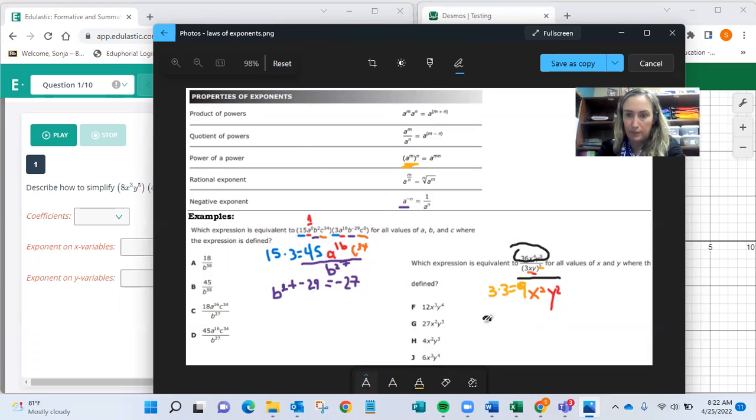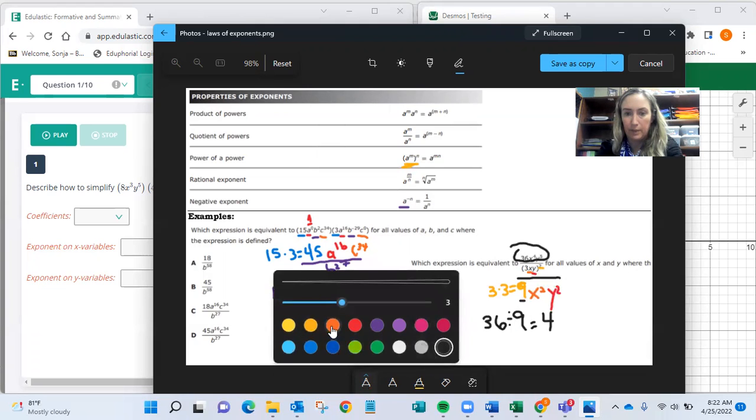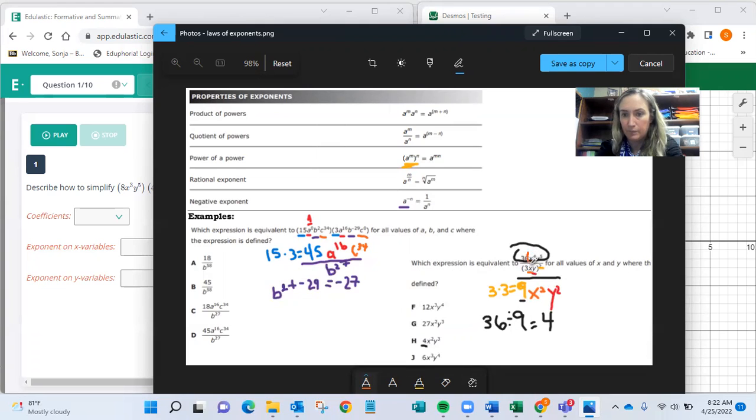So first I would do my 36 divided by 9. So I'm going to treat it like normal. So there's my coefficient, 36 divided by 9, which is 4. So right away, actually, I find my correct answer because there's a coefficient of 4. Then I'm going to subtract my x's. So I'm now going to take the x to the power of 4.